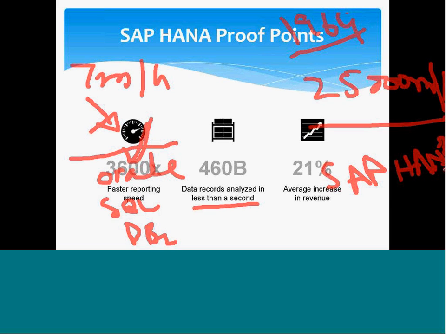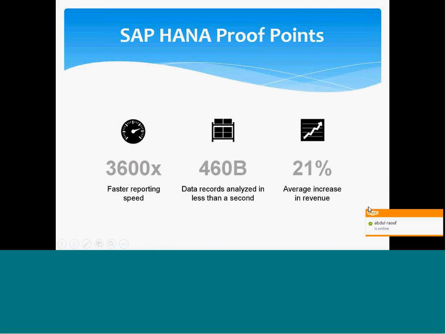SAP HANA is not just a new database. That's what I want you to realize. SAP HANA is the solution to your current IT industry problem. Just imagine, we process 460 billion records in less than a second.